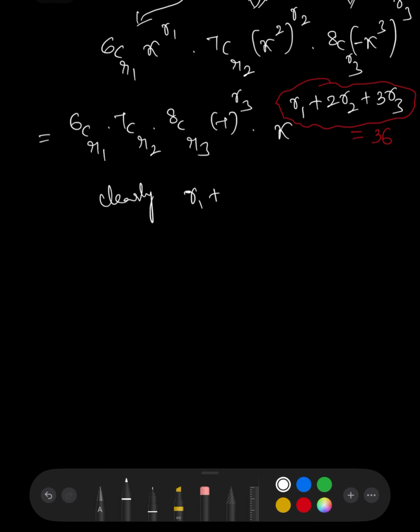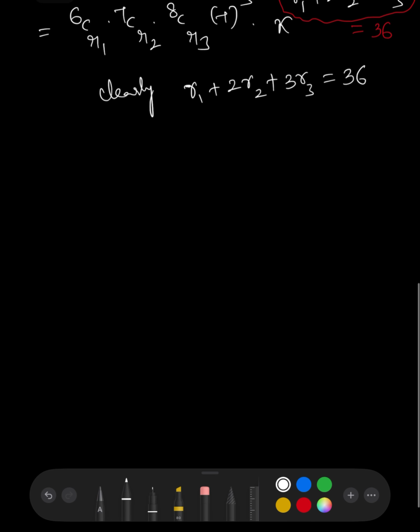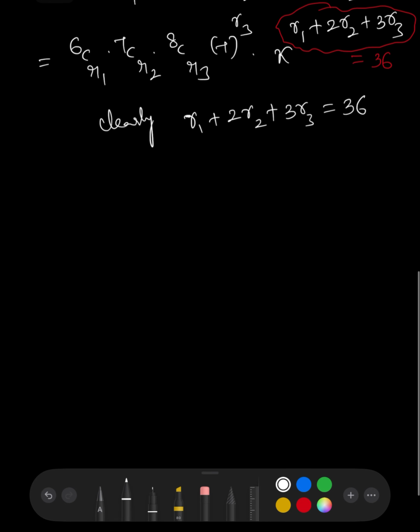So r1 + 2r2 + 3r3 equal to 36. Now I have to do this case-wise. Observe 6Cr1, 7Cr2, 8Cr3: r1 is less than or equal to 6, r2 is less than or equal to 7 and r3 is less than or equal to 8.